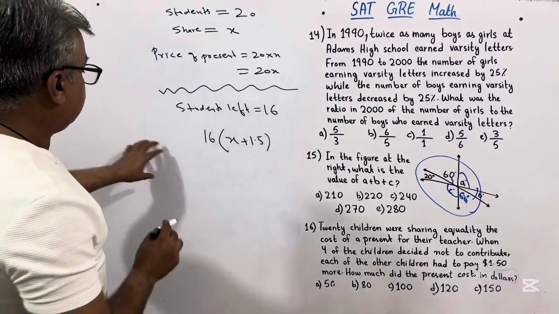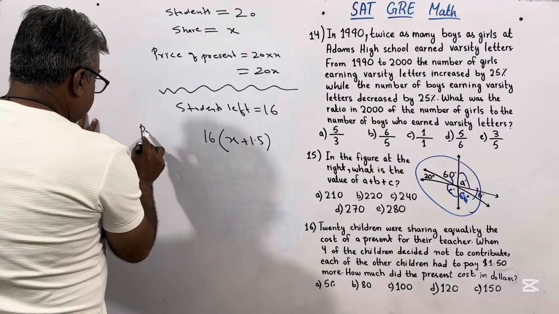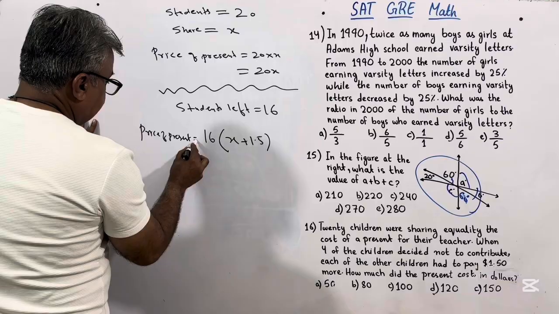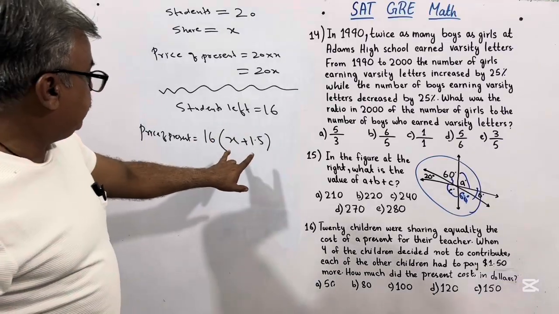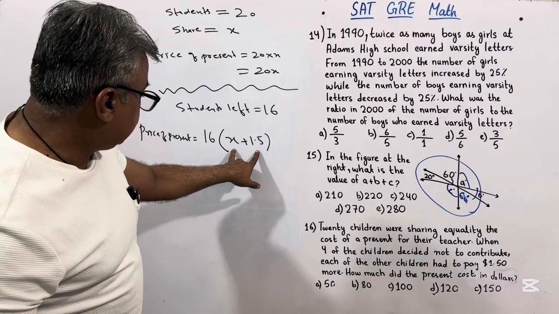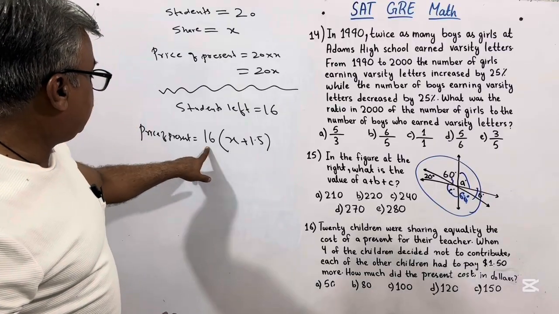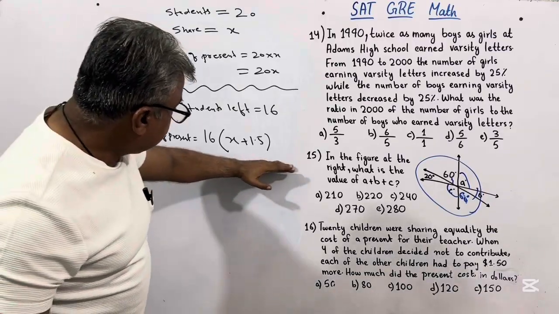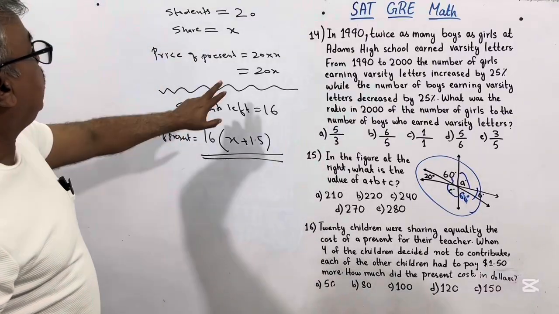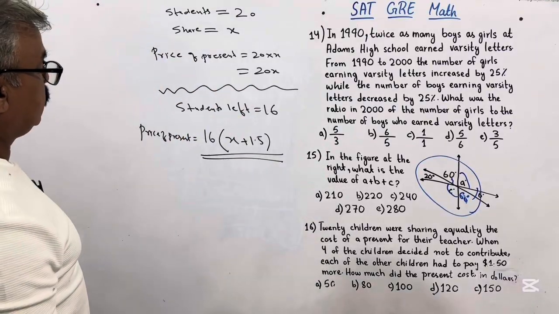Now this is the price of the present. The share of each student is X plus 1.5, and there are 16 students left. But the price of the present is the same in both cases.